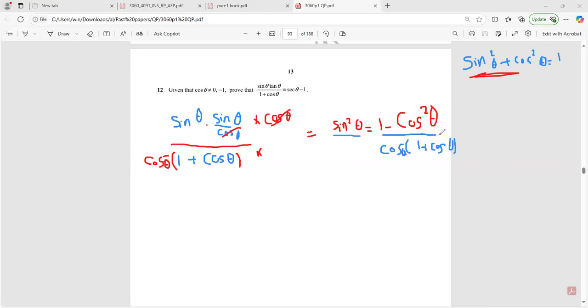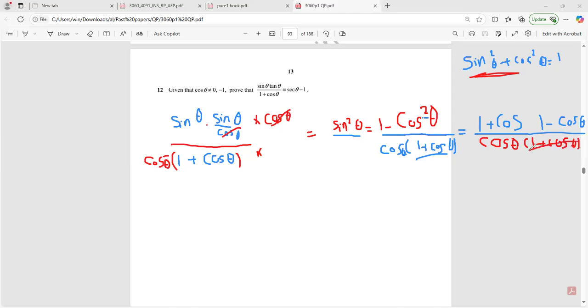Okay, here in the numerator, I'm going to change this squared to 1 plus cosine theta, this magical 1, multiplied by 1 minus cosine theta, just to cancel the positive with a positive in the denominator. Okay, and now in the denominator I have cosine theta multiplied by 1 plus cosine theta.